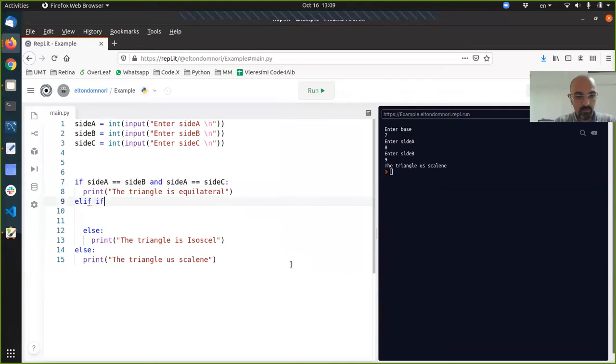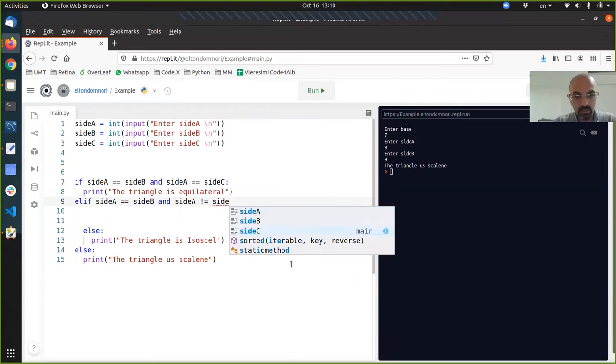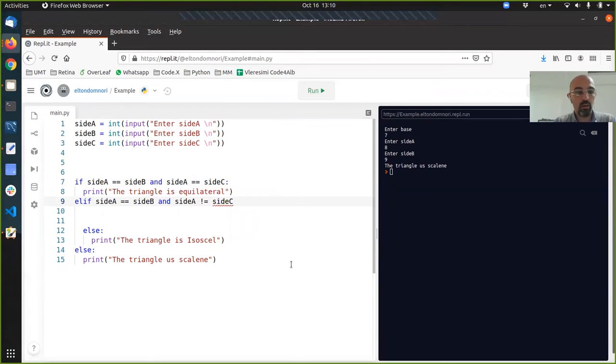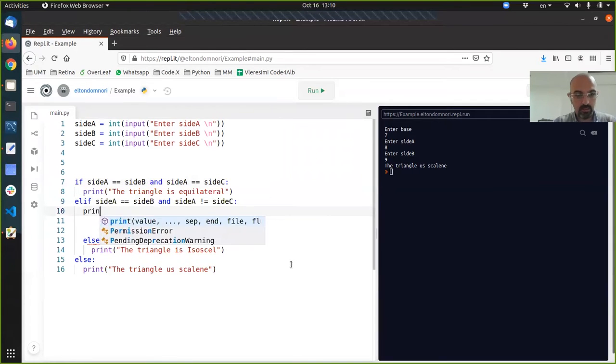So if side A equals side B and side A is different from side C, this is one option in order to say that the triangle is isosceles.